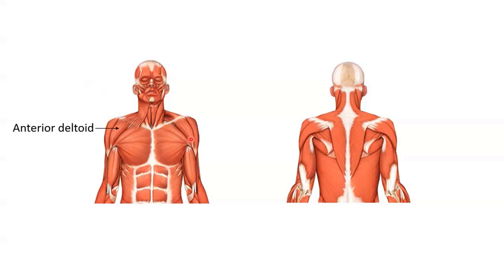You can also see it here, which sits on the anterior or the front of the shoulder. It originates on the clavicle and it inserts onto the deltoid tuberosity of the humerus. This part of the muscle will pull the arm up into flexion. So it pulls your arm up this way, but it can also internally rotate the arm. So taking your palms from facing anteriorly to facing posteriorly.